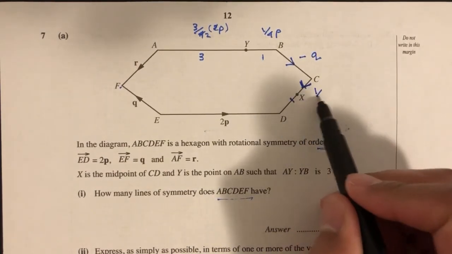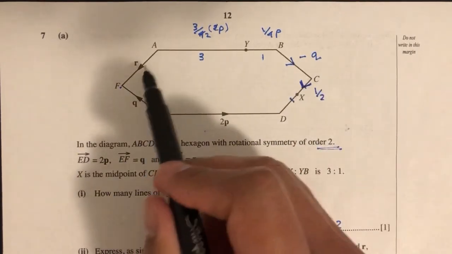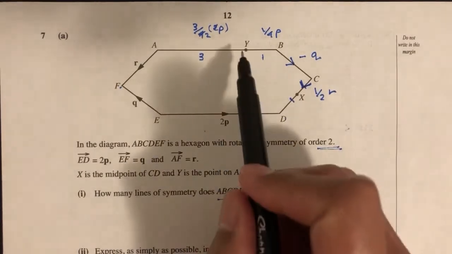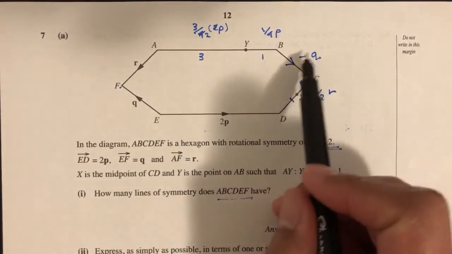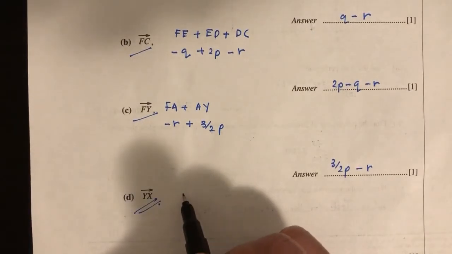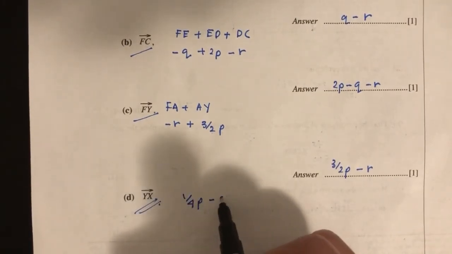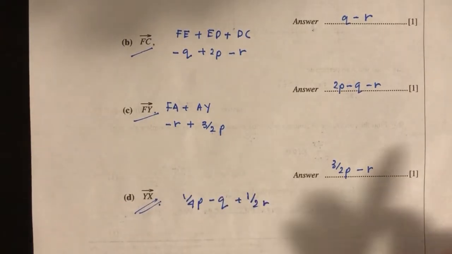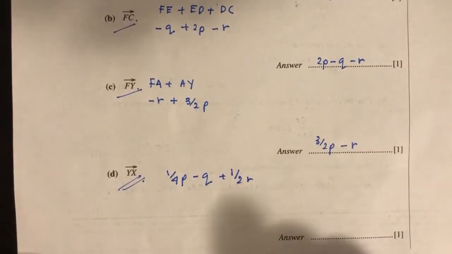If this is the same as this, that will be half of R. So the answer is 1/4 P minus Q plus half R. That will be your answer for part D.